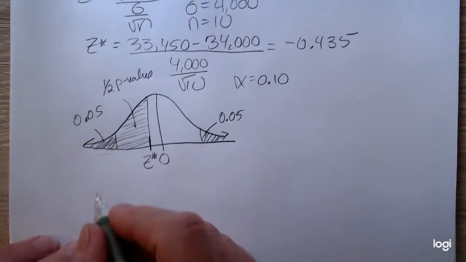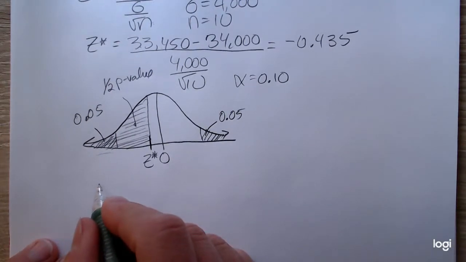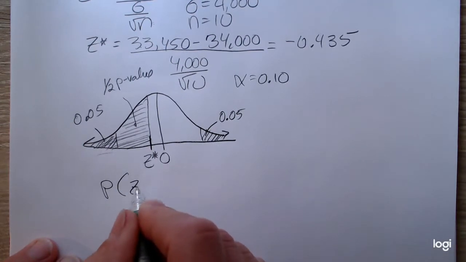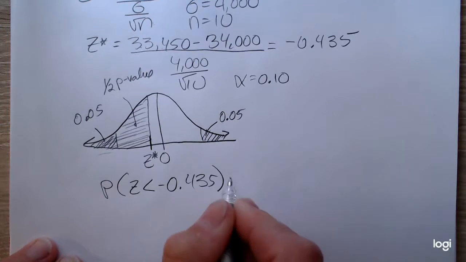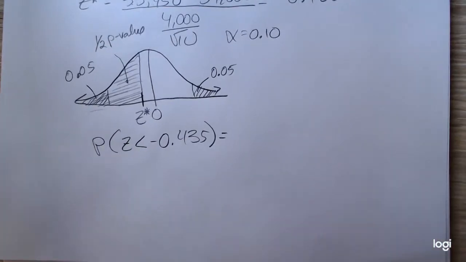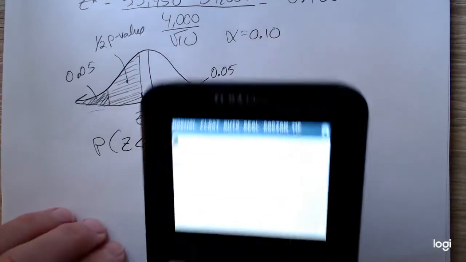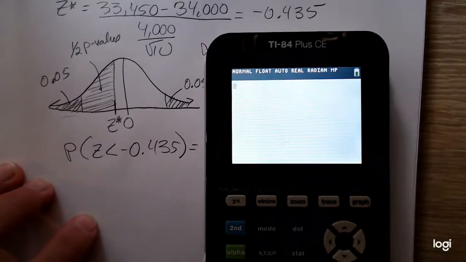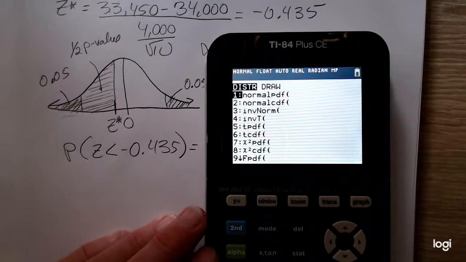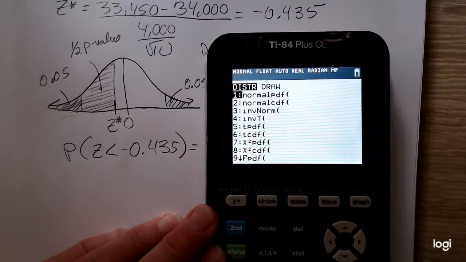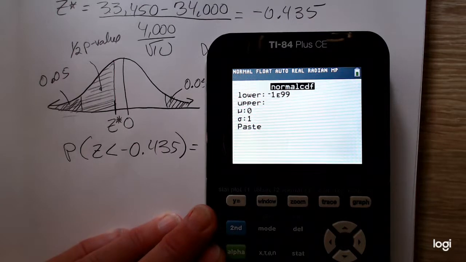So in probability notation, this is going to be the probability we get a test statistic less than negative 0.435. To do that, we can use either the standard normal table in your textbook or the normal CDF function in the calculator. Going to my distribution menu, selecting option 2.